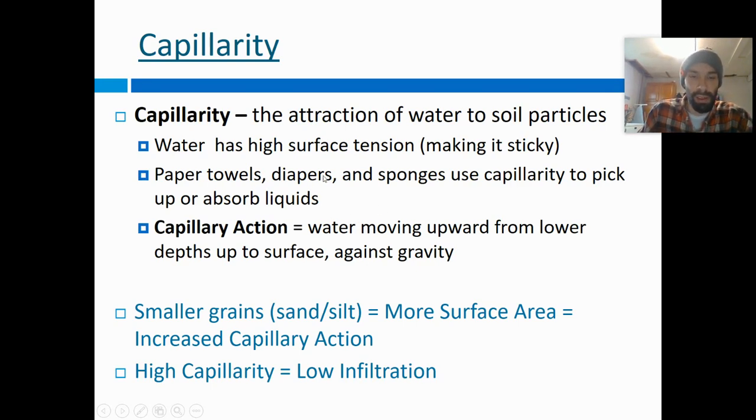It's really, really thick, that nice paper towel that's super expensive. And therefore it soaks up the liquid. It pulls it up because there's a lot of surfaces to stick to. Now, smaller grains like sand and silt, there's a lot more surfaces, so a lot more of them. More surface area means a very high capillarity. Okay? If there's not as many surfaces to stick to, then it's got a low capillarity.